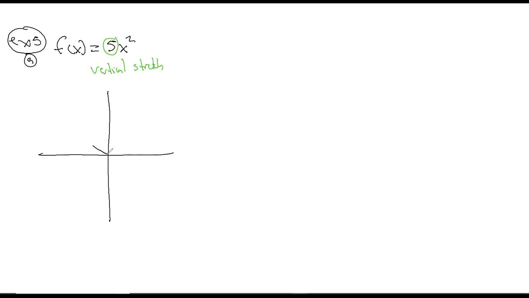So if this is your x squared graph, that's supposed to be dotted. If this is x squared, 5x squared is going to look more like this.